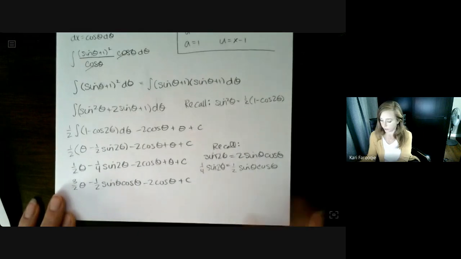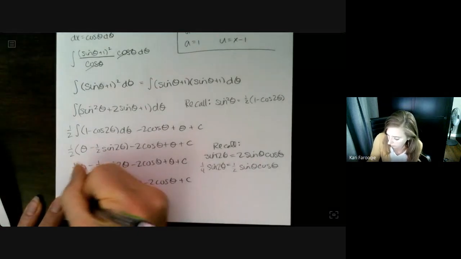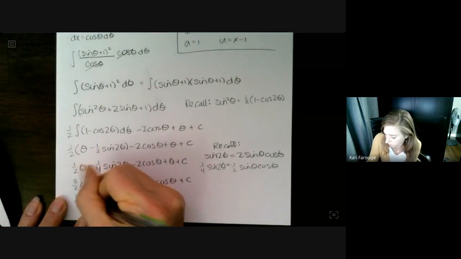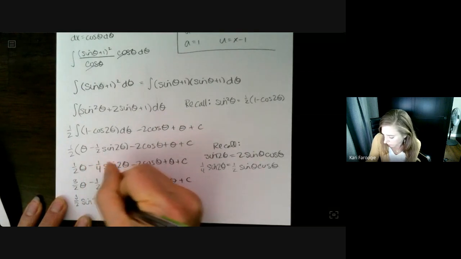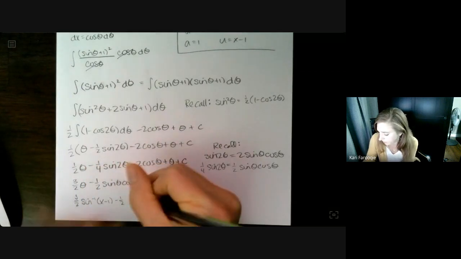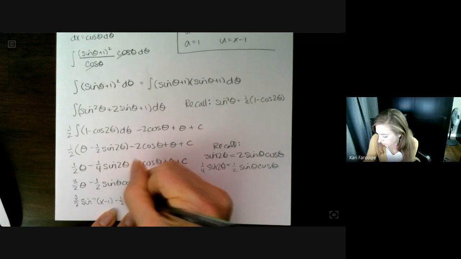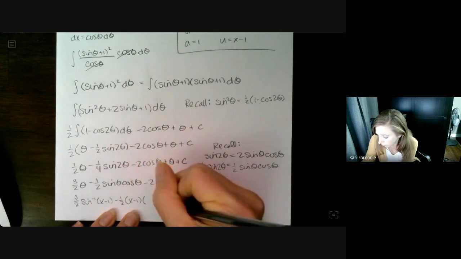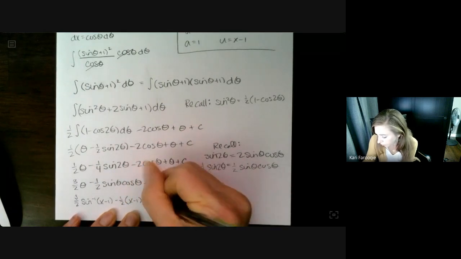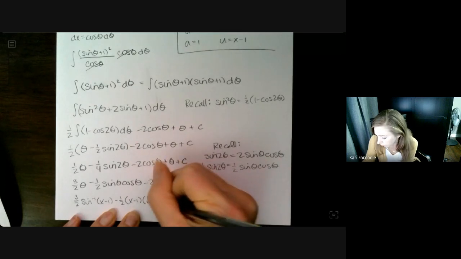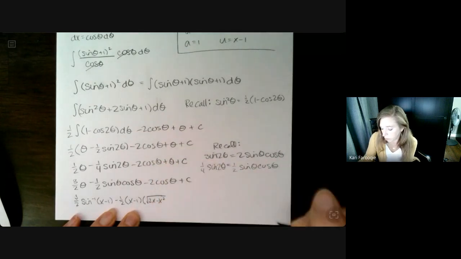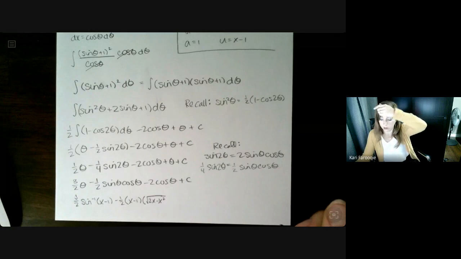Okay. So we're going to have 3/2. We said theta was the inverse sine of x minus 1. Sine theta is x minus 1. Cosine theta is the square root. I'm going to leave mine in its original form of 2x minus x squared.